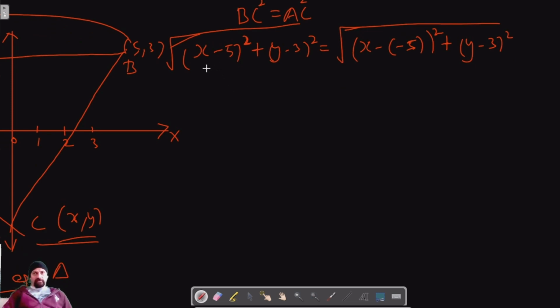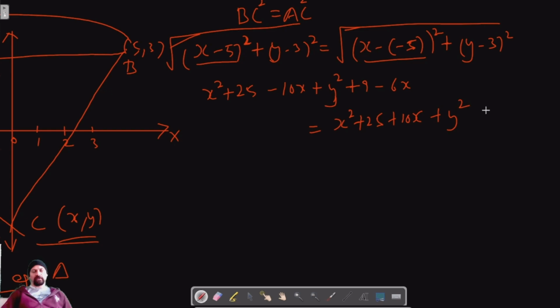Using a minus b the whole square, we get a square plus b square minus 2ab, so minus 10x and minus 6y. For AC we get plus 10x and minus 6y.